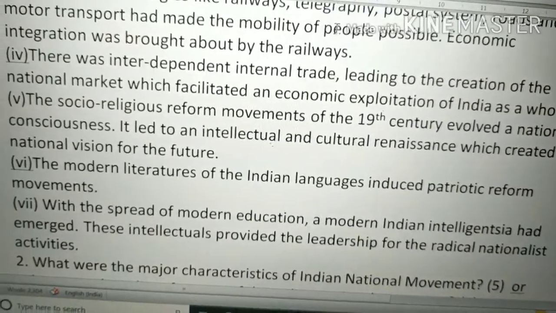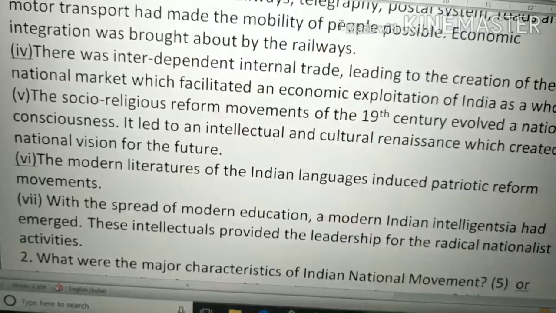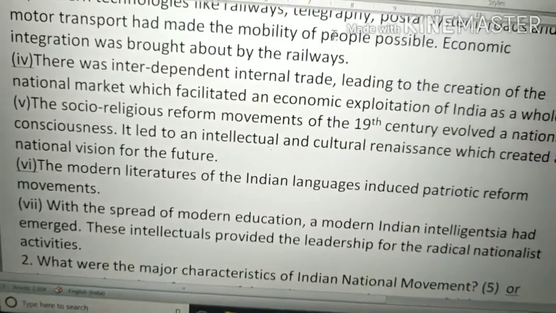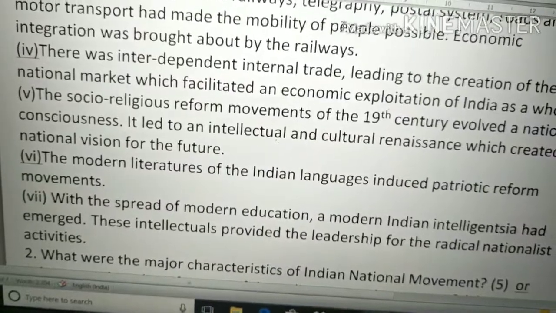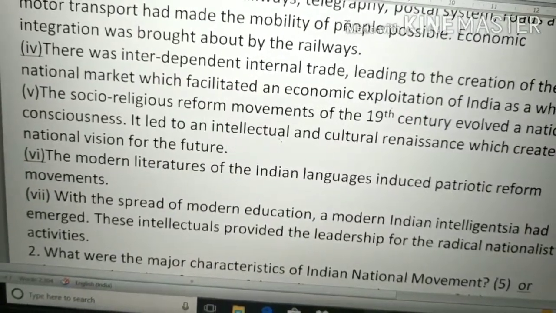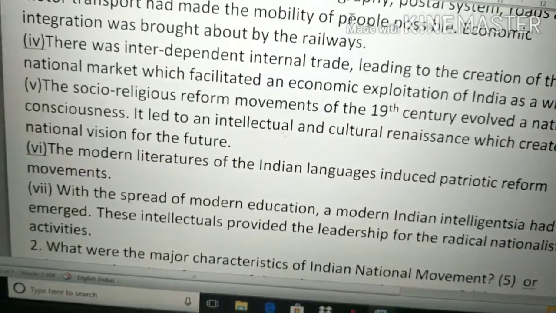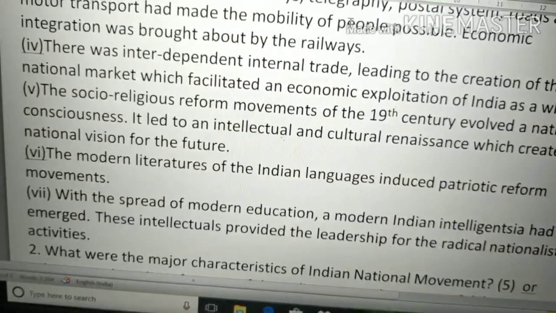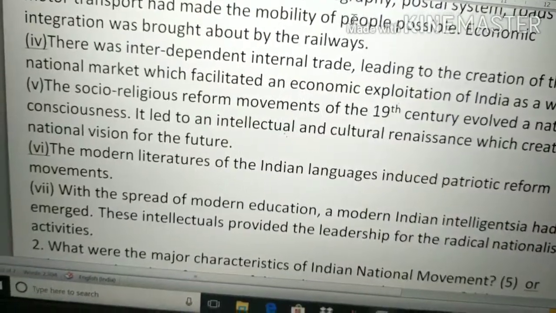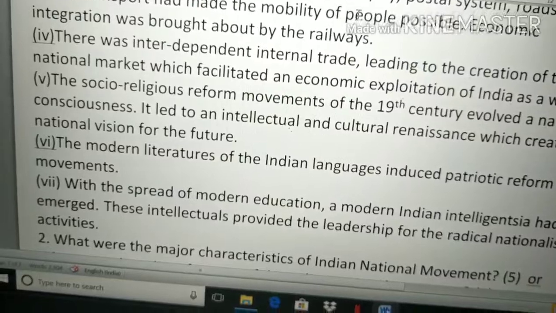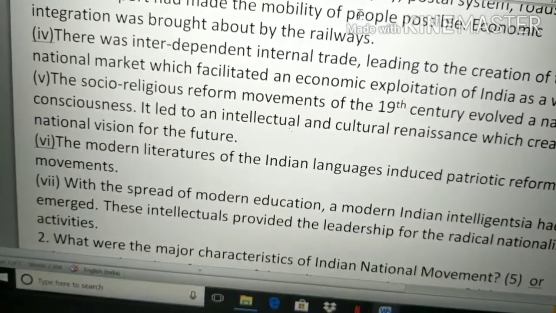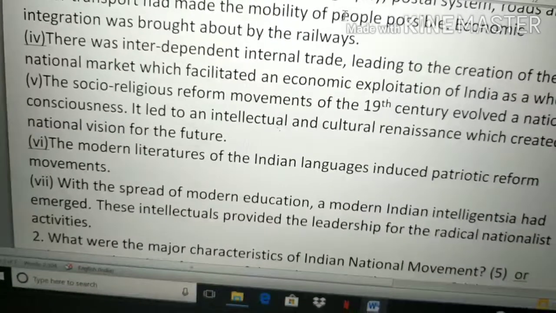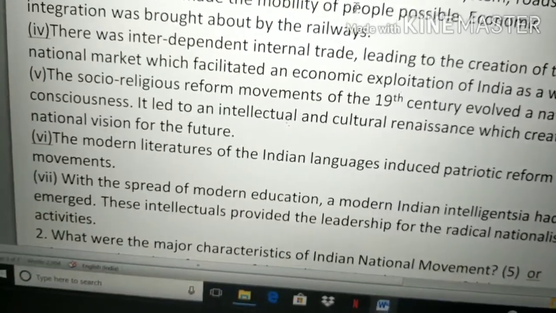The modern literatures of the Indian languages induced patriotic reform movements. Point number 7. The spirit of modern education. A modern Indian intelligentsia has emerged. This intelligentsia provided the leadership for the radical nationalist activities.